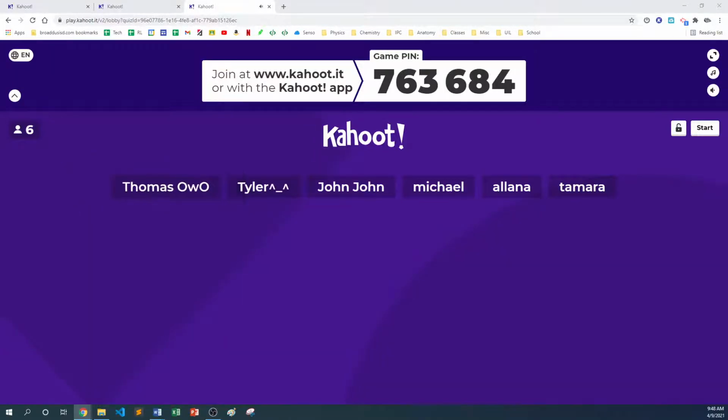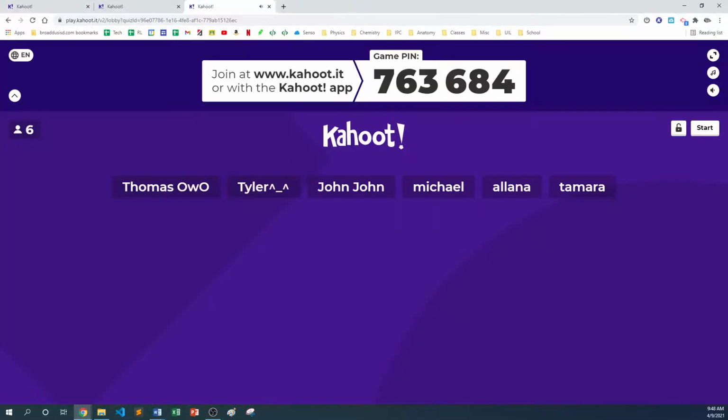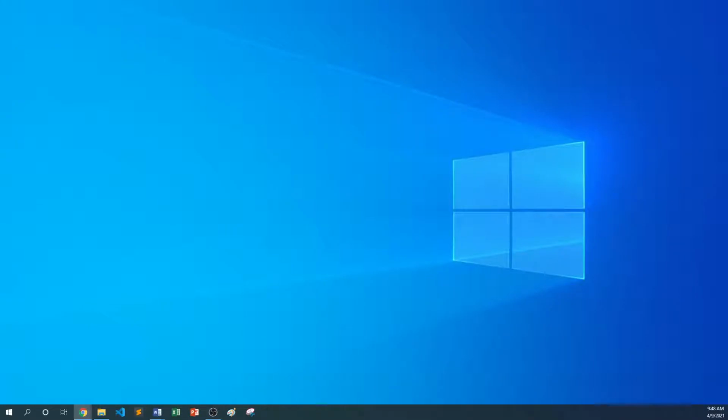What does the symbol mean? It's two wide eyes and a squiggly mouth, maybe? When it said full name, does it mean a middle name too? I just put a fake name.